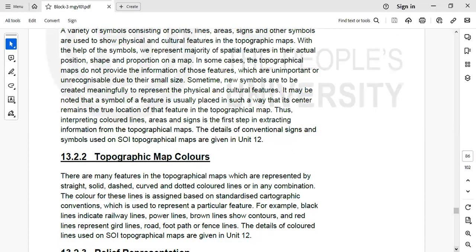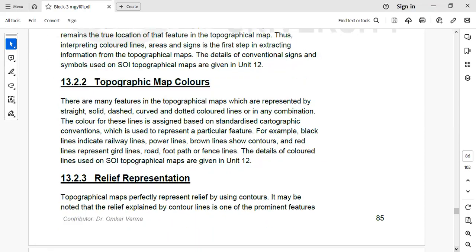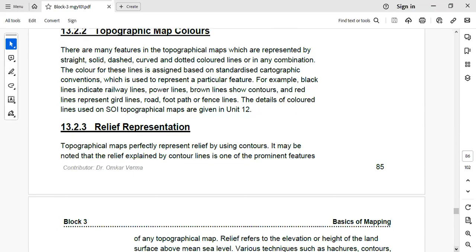So topographic symbols and colors are used to represent the various features on the map.